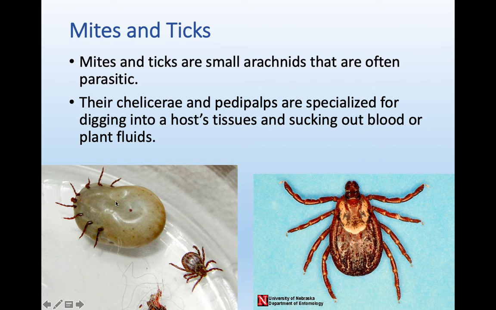But ticks can transmit, there's a secondary problem that can arise in that they can pass on bacteria that can cause some serious diseases. Rocky Mountain spotted fever, Lyme disease, these are all caused by bacteria that's transmitted through ticks, such as this one here.